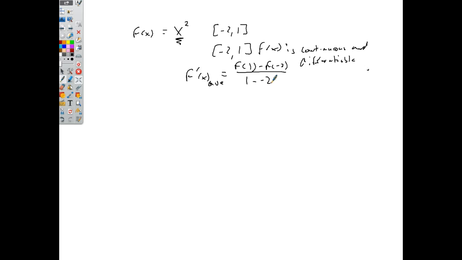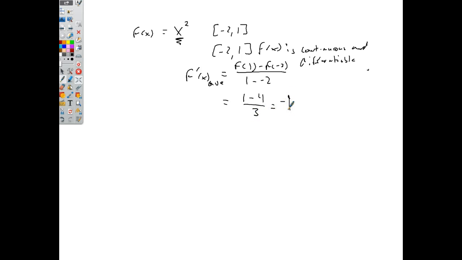Right? It's the average slope. There's 2 points at the end, right? It's how we found velocity way back when we said average speed. Go back to the original function and plug in. So if I plug in the original function, I get 1 minus 4 over 3, so I get -1.